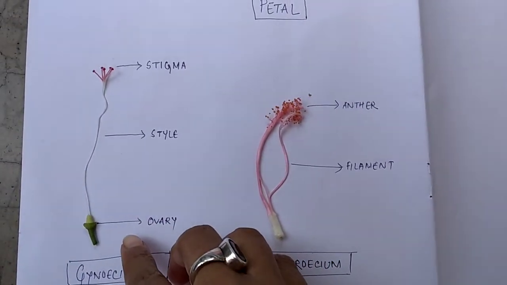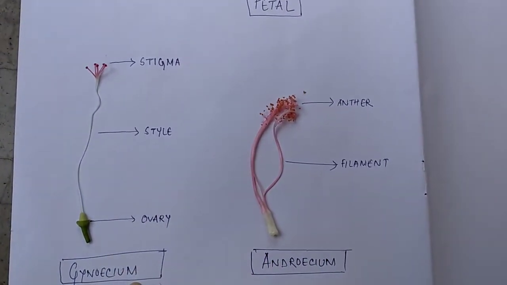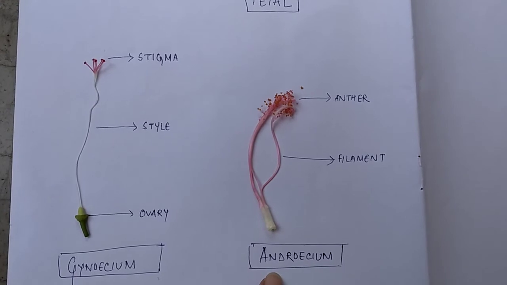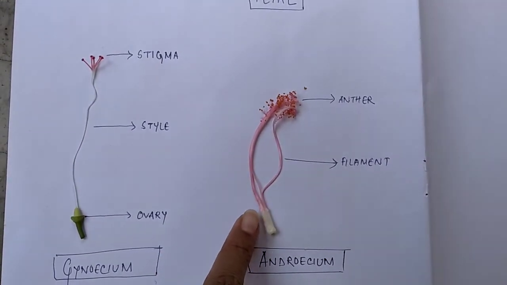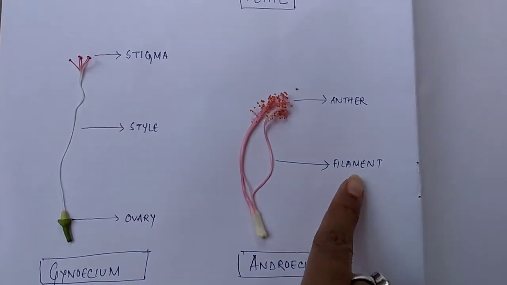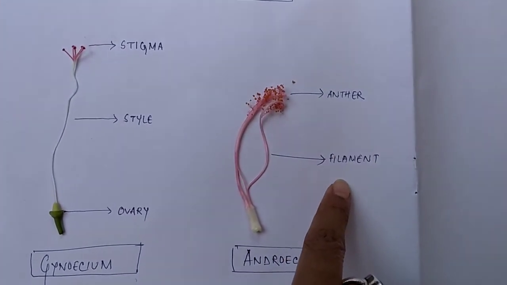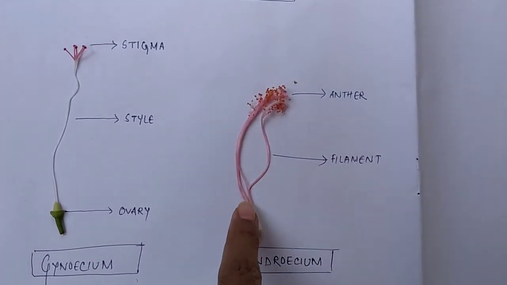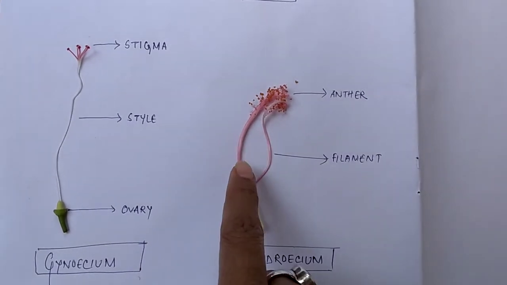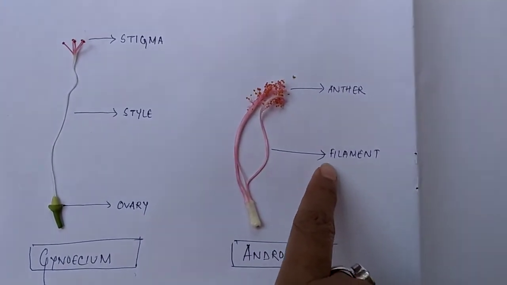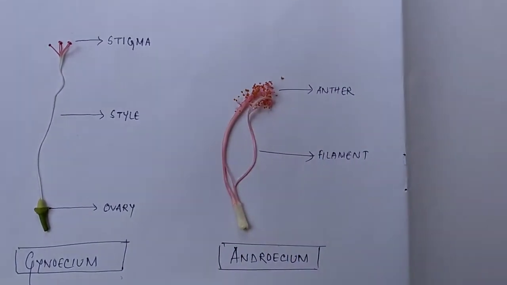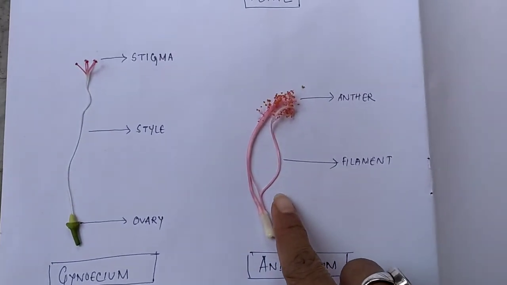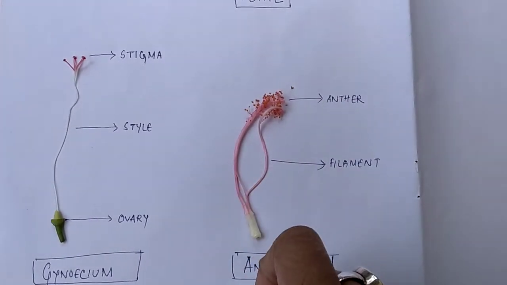I have already dissected the parts of the gynoecium and androecium, as you all can see, students. Now this particular androecium consists of two parts, anther and filament. Within this particular pipe we get numerous filaments that are grouped together to form a single staminal tube, which is known as the monadelphous condition.